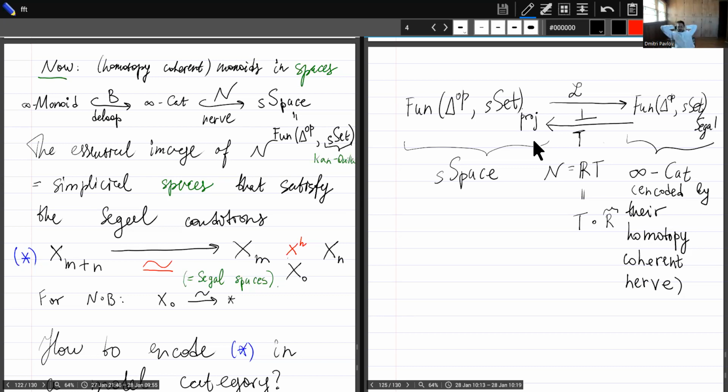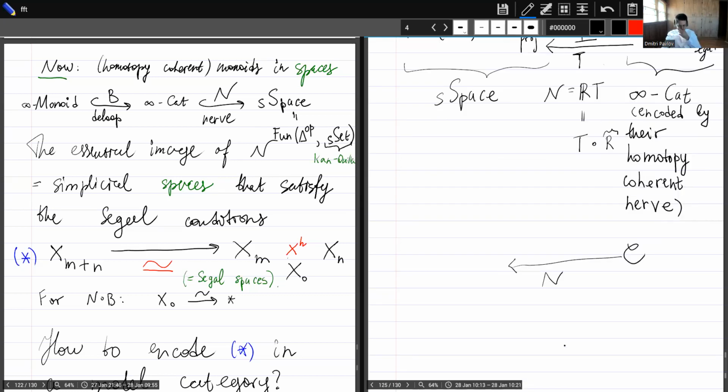Yeah, this is exactly also how it works here. So, in general, it is correct that if you have some arbitrary category or infinity category C, you can produce a nerve functor by sending an object of C to, perhaps, some simplicial objects with values in spaces or simplicial sets.